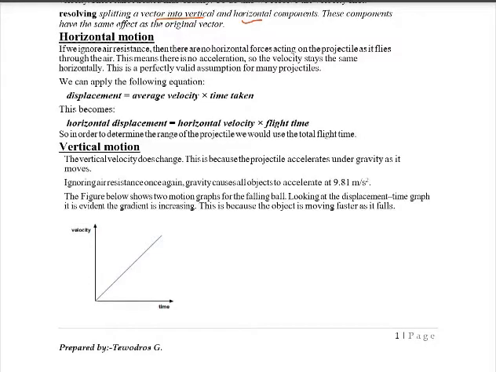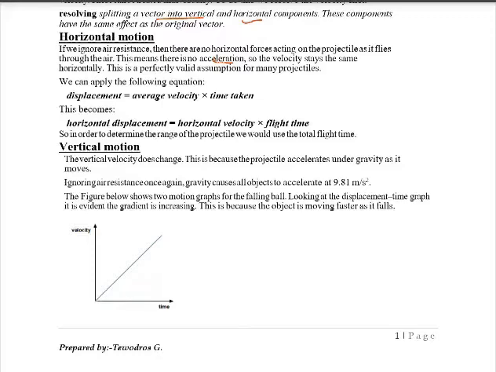If we ignore resistance, that means in this situation we neglect resistance, then there are no horizontal forces acting on the projectile as it flies through the air. This means there is no acceleration. This is only for the horizontal motion.